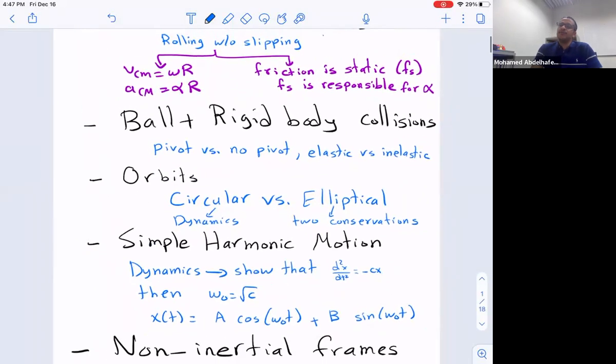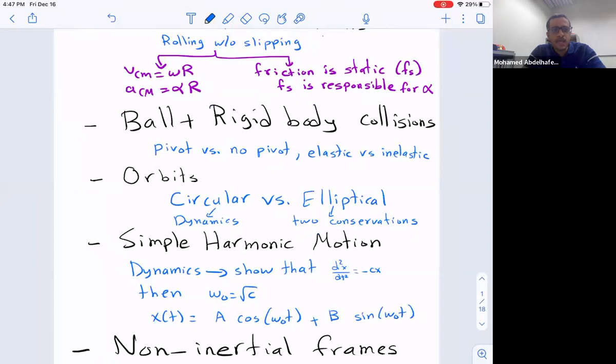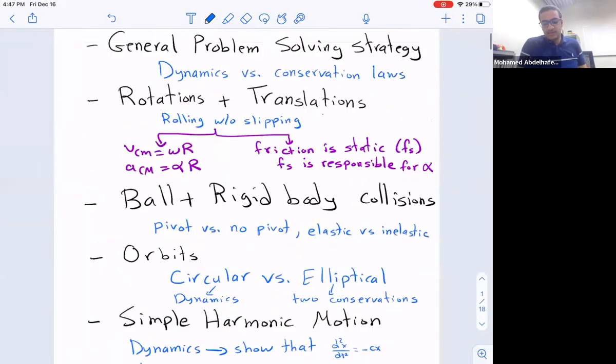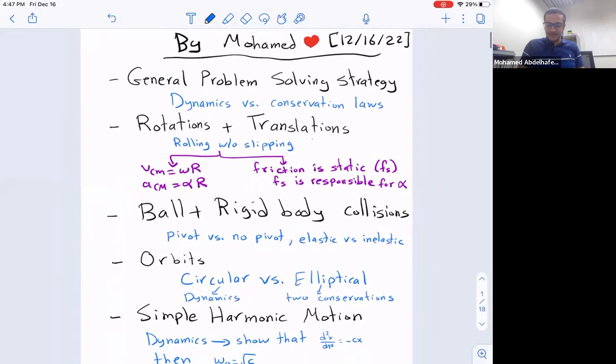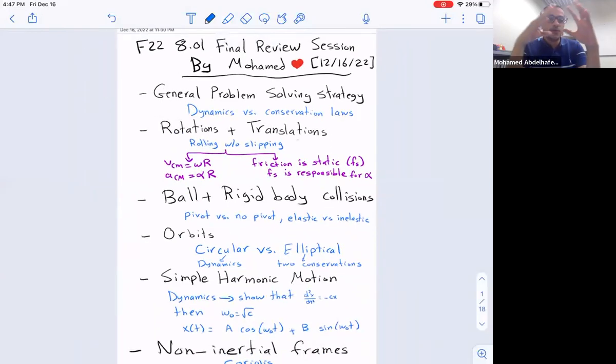Okay, so the last two things I want to talk about are orbits and Coriolis. Again, just so you don't lose focus, all of what we've been talking about, except for harmonic motion, is rotation and translation. We've been dealing with objects that rotate and translate. We did the pulleys: the pulleys rotate, the blocks attached to them translate.